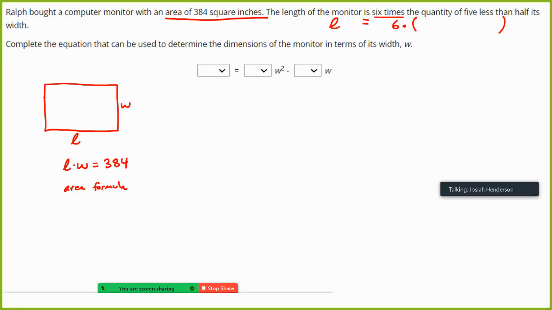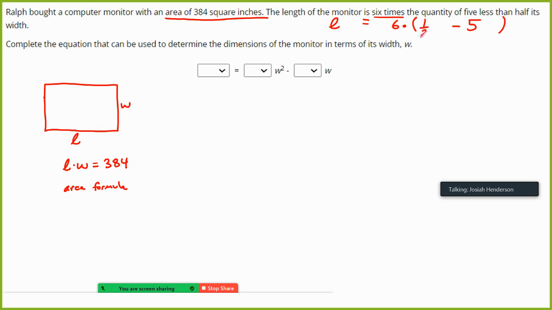They're saying 5 less than something, so that's a clue that it's something minus 5, 5 lower. So it's something here in the blank space, minus 5. Now, what is in the blank space? It's half its width. It's not just the width. It's not 5 less than the width, right? It's 5 less than half.